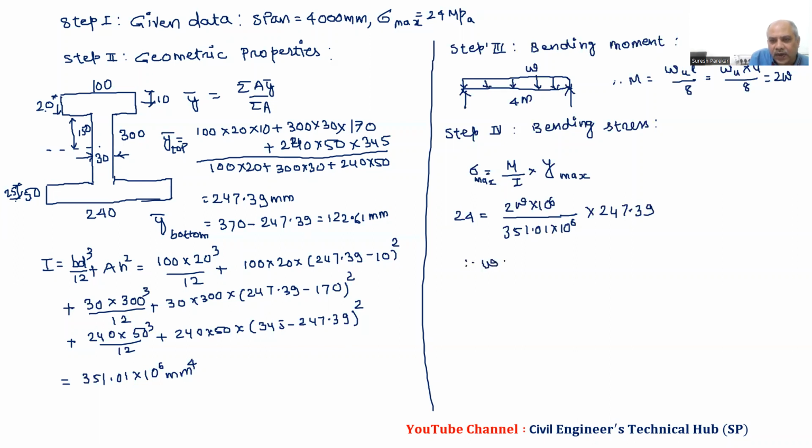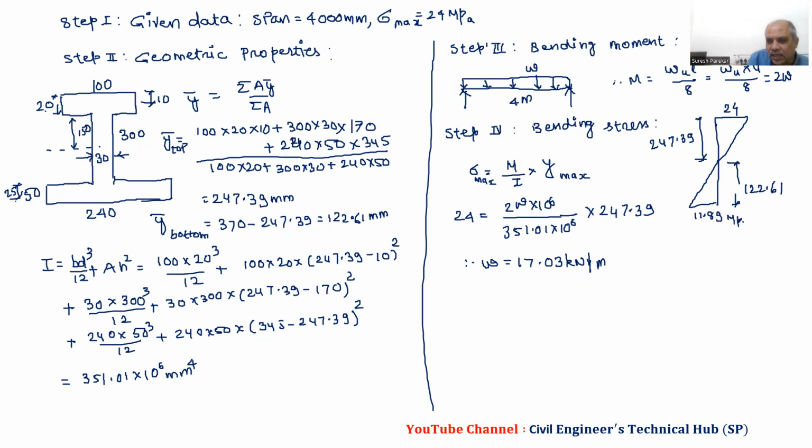From this, we will get the value of W, that is 17.03 kilonewton meter per meter. If we see, we have this will be 24, and this distance I have 247.39. And this distance I have 122.61. And therefore, this value comes to 11.89.